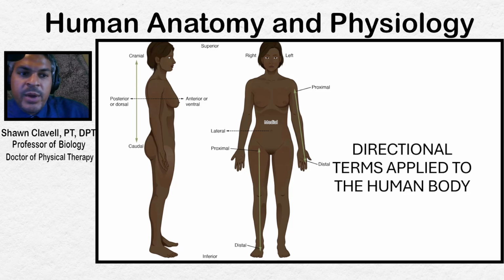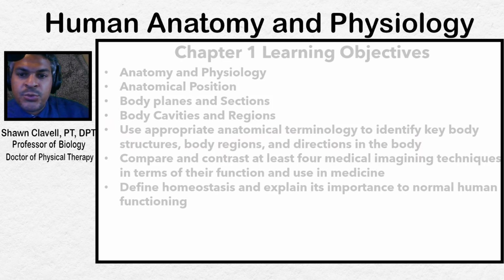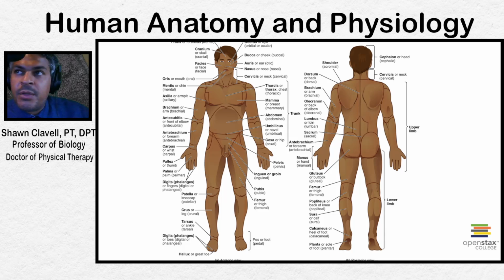So it is heavily weighted in terms of the big topics related to anatomical terminology, being able to identify and define the terms anatomy and physiology, being able to identify and define the anatomical position, understanding the body planes and sections, as well as the body cavities, using appropriate anatomical terminology, whether it's directional terms or, as we mentioned as well, the actual region, like the name of those terms in terms of the region.